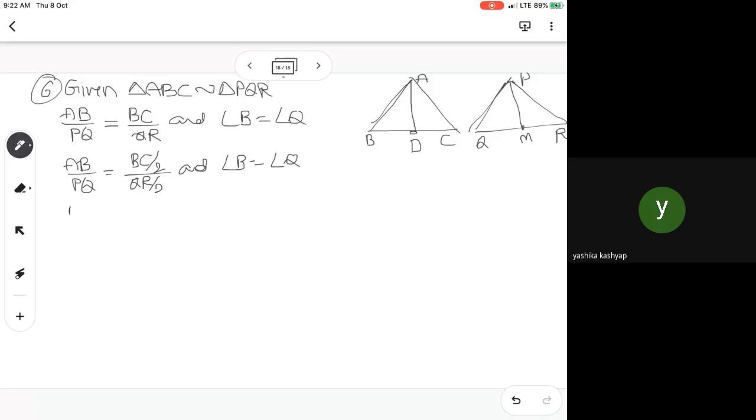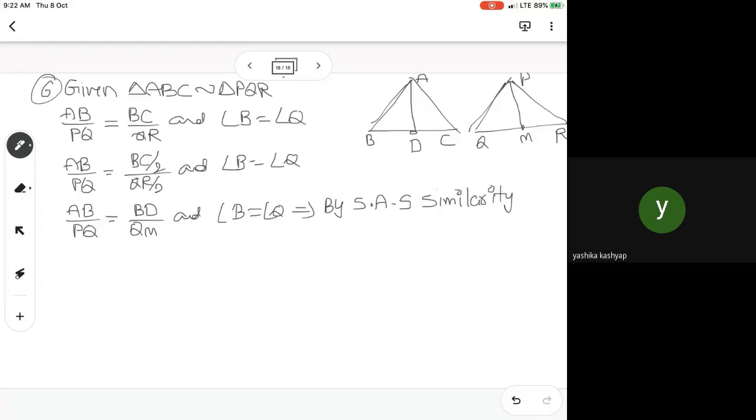So you will get AB by PQ is equal to BD by QM, because BC half is BD, and angle B is equal to angle Q. So this implies that by SAS similarity, triangle ABD is similar to triangle PQM.